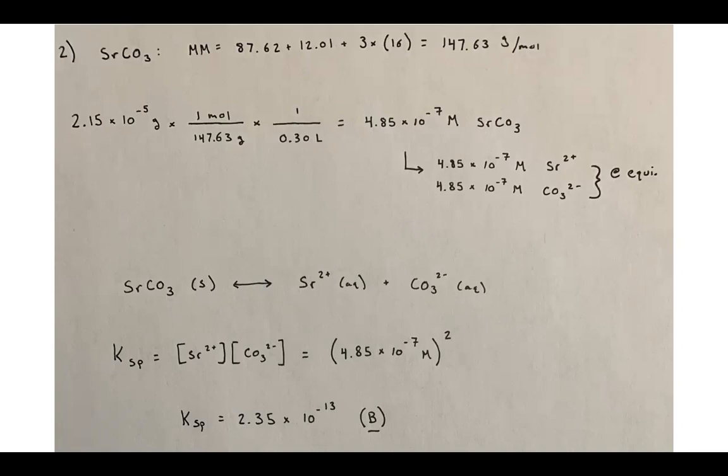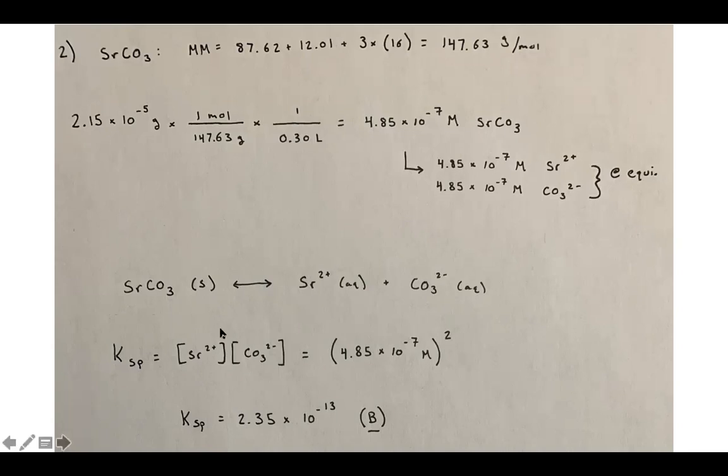Okay, so now that I know my molarities at equilibrium of both of my ions, right, I'm just going to write my chemical equation so I know what my Ksp will be. Okay, so strontium carbonate solid will dissociate into Sr2+ and carbonate, right? And so my Ksp expression would be equal to my equilibrium concentration of that strontium times the equilibrium concentration of that carbonate, right?